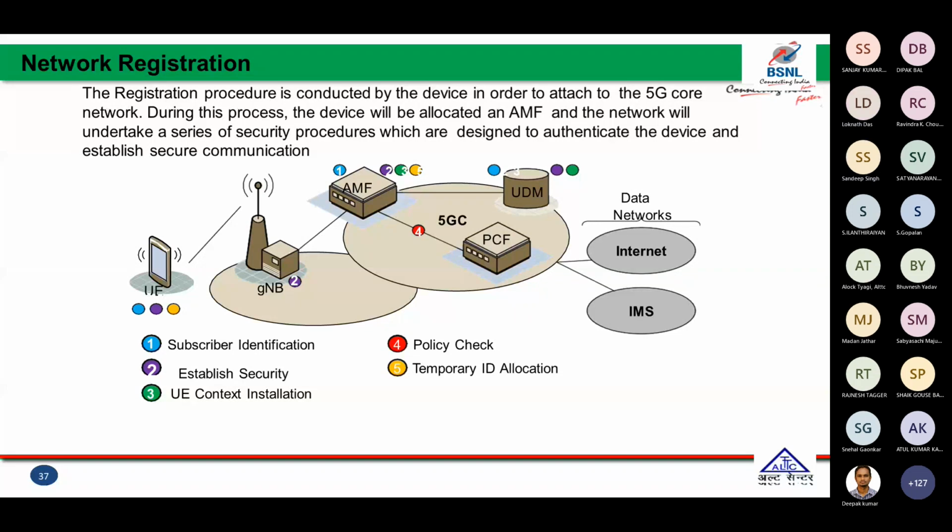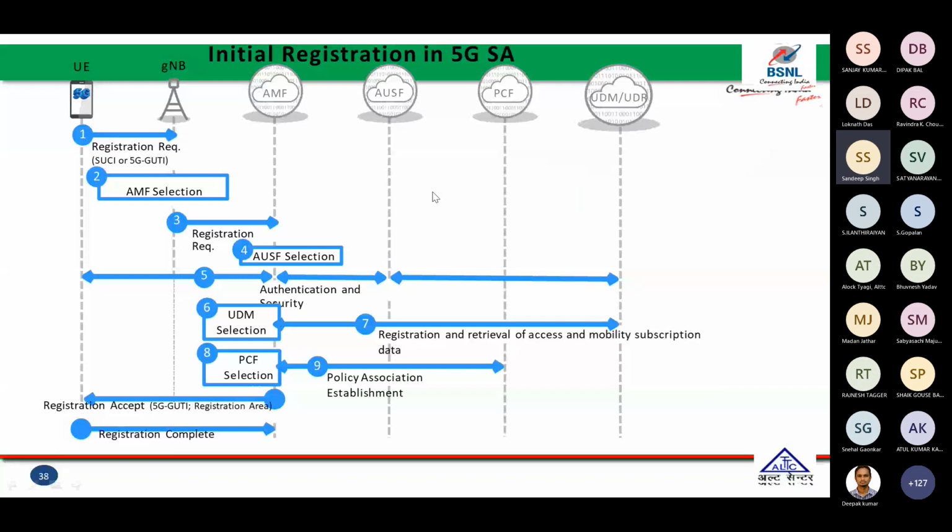Okay, sir? And this network registration we can see here in the form of a call flow diagram. First is the registration request, sent either by SUCI or by 5G GUTI.